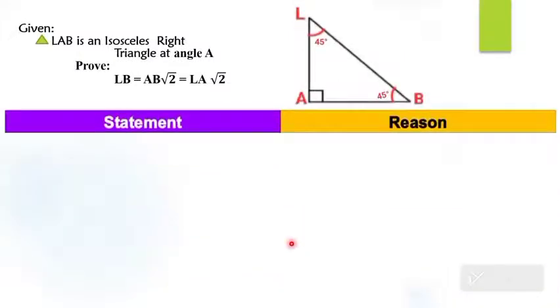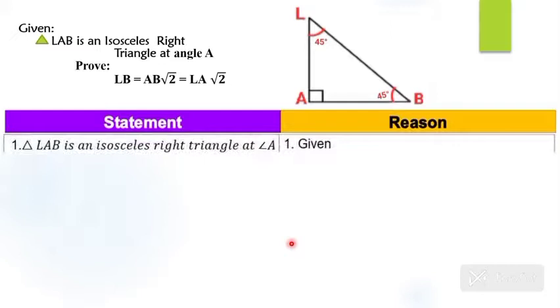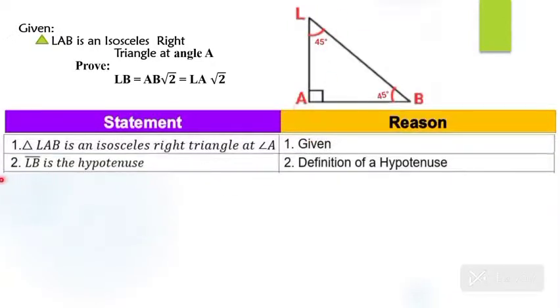Since this is still a theorem, let's prove if this is true in all isosceles right triangles. First, we have the statement. This is the given: triangle LAB is an isosceles right triangle at angle A. In step 2, the line segment LB is the hypotenuse, by the definition of the hypotenuse, because as you can observe, this is a right triangle and LB is the hypotenuse.